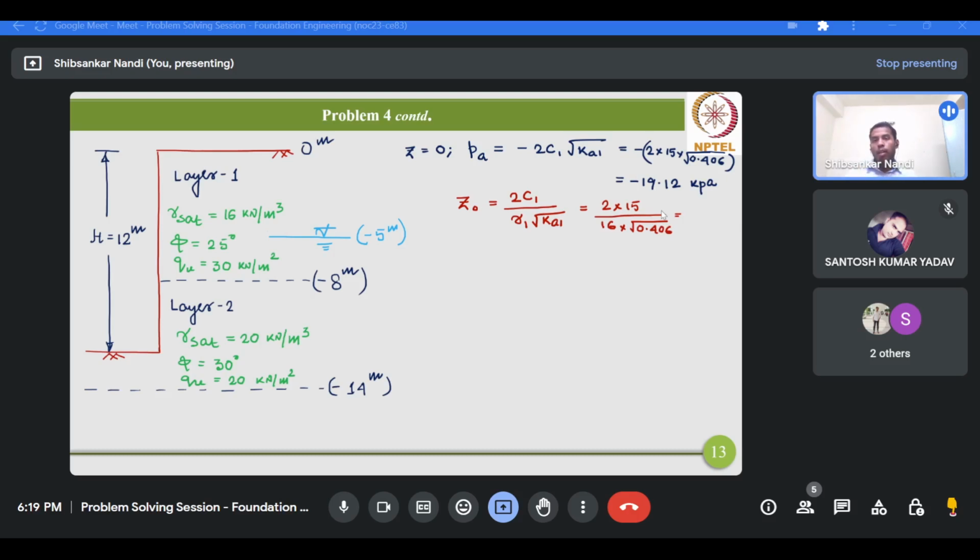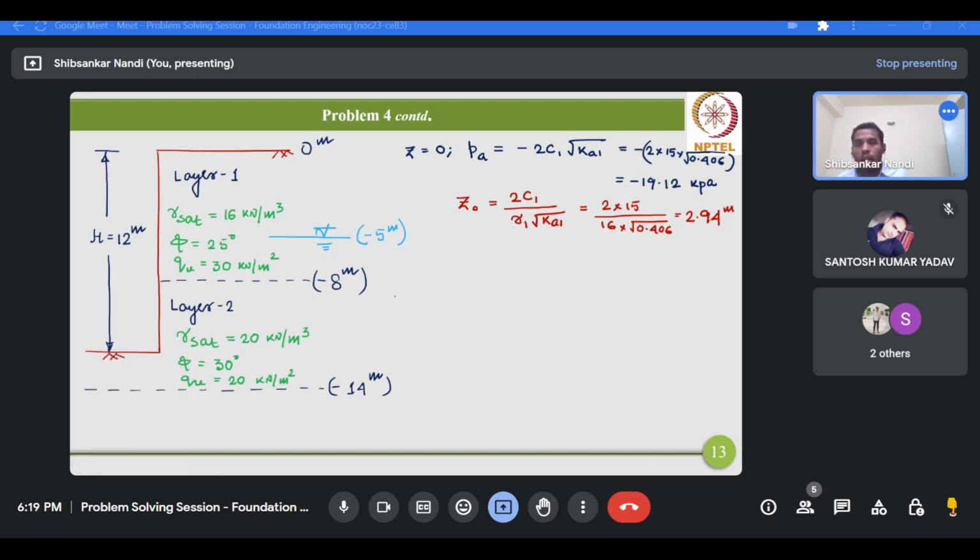So 2.94 meter, I am getting this value. And at this level, your PA value should become 0. Applying that condition, we have figured out the value of Z0.